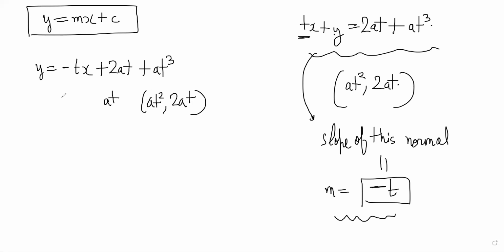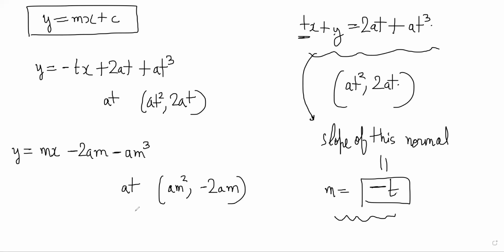But I can now transform this equation and say that here slope is m, which is minus t. So I can write t is equal to minus m everywhere in this and say it is y is equal to mx minus 2am minus am cube, right? At what point? At am square and minus 2am, right?